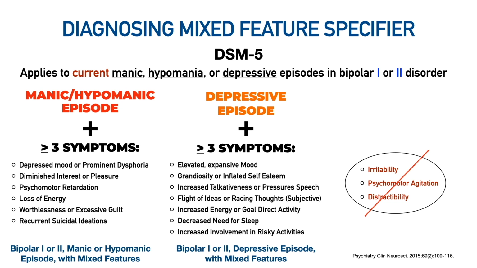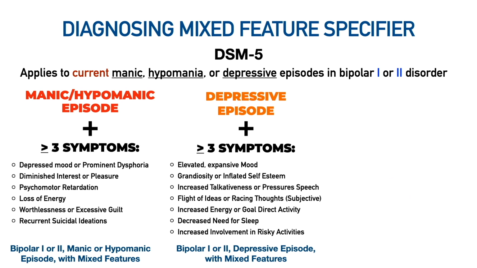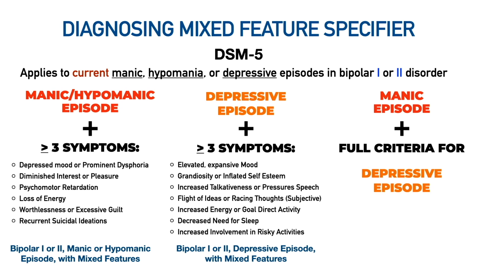Moving back to the table that we were talking about, we know how to diagnose manic or hypomanic episodes with mixed features and depressive episodes with mixed features. But what if a patient is presenting with a manic episode while also meeting full criteria for a depressive episode?